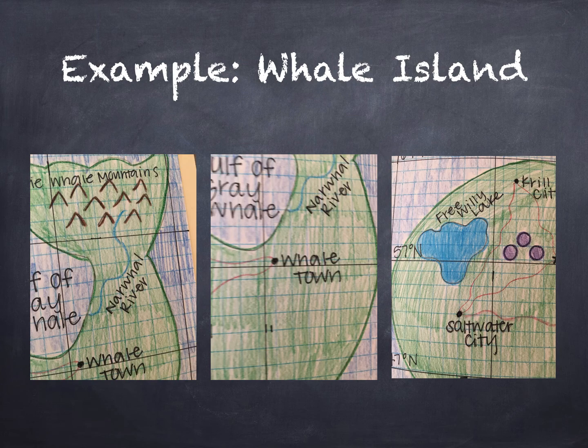And then here is just another close-up of the mountains and the rivers and the towns and the roads. And I put in there the lake and the statues and a couple of the other same cities. But you can see in all the pictures, it's very easy to see my lines of latitude and longitude.